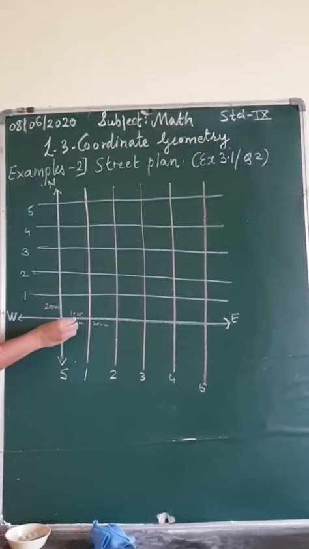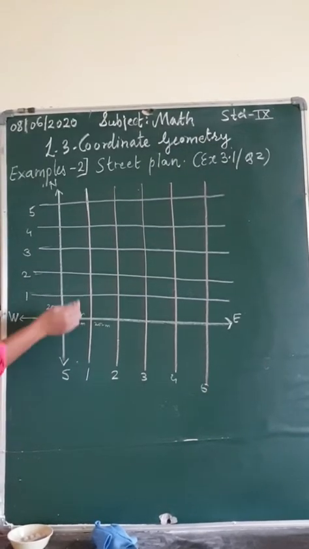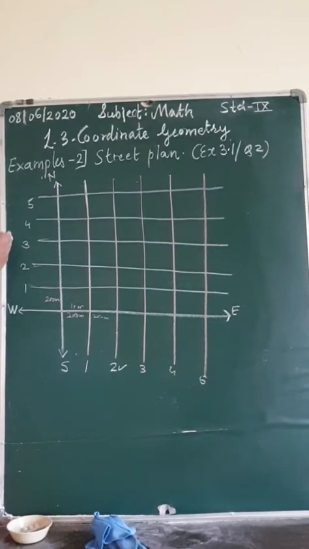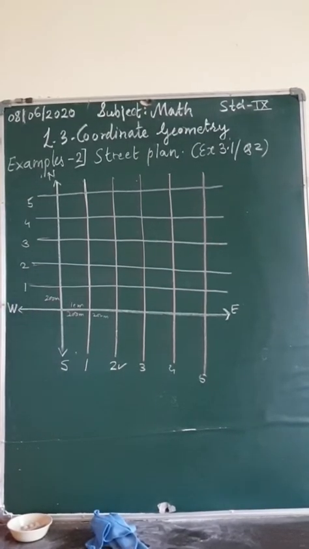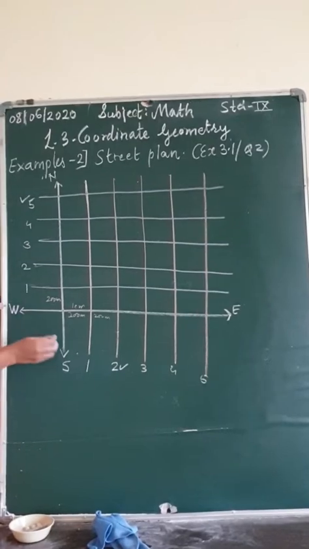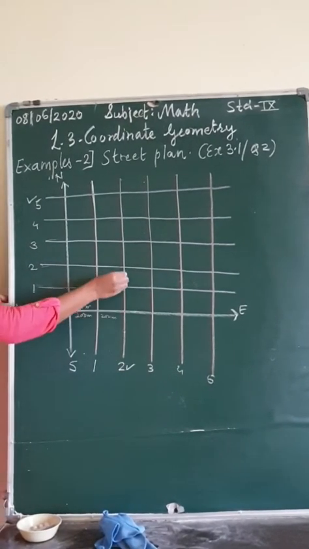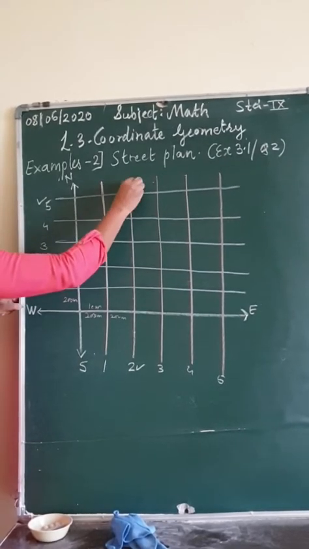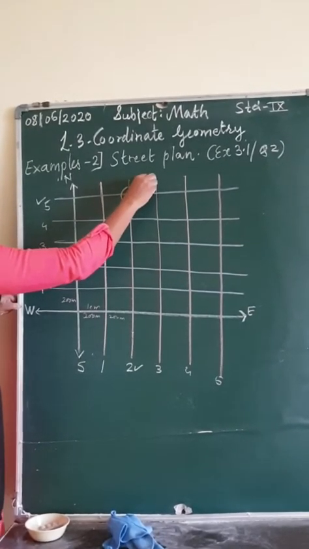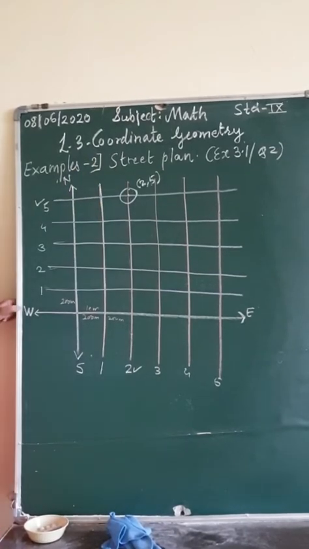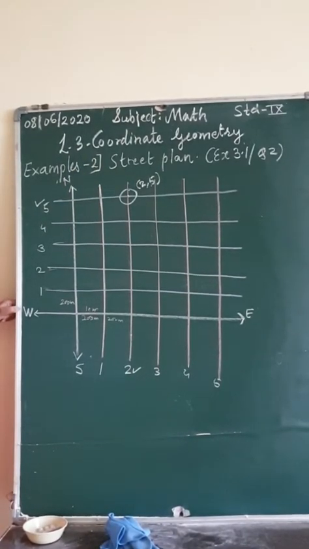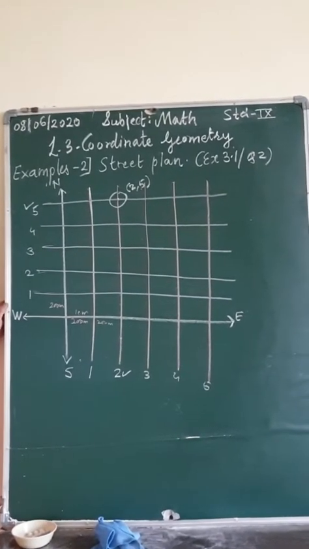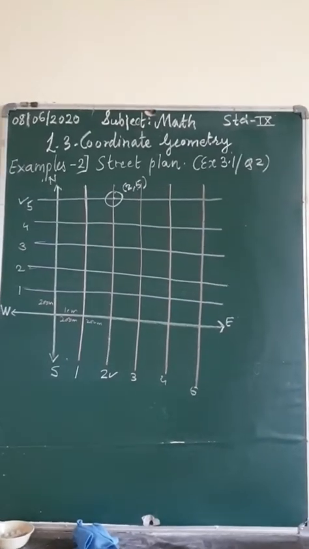Then they have given that the second north-south street and the 5th east-west street meet at this point. We write this as 2, 5. Similarly, in this example they have asked us to find the street meeting at 4, 3.